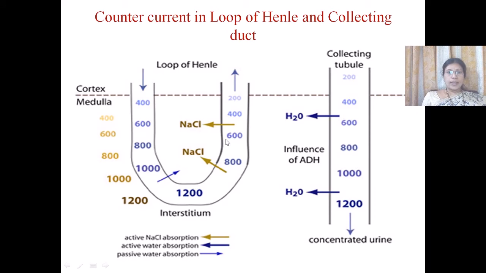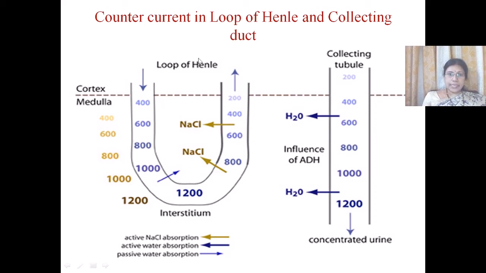Loop of Henle has all the characters of counter current mechanism. It functions as an energy consuming machine. It uses maximum energy at the thick segment of the ascending limb of loop of Henle for transportation of sodium chloride ions.